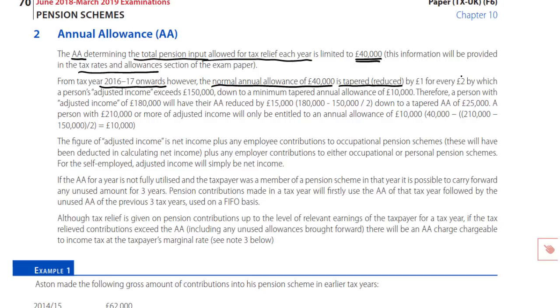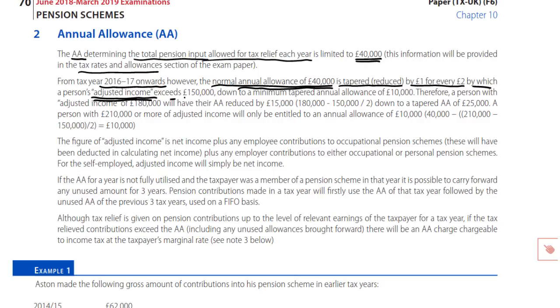So what happens here is that now this annual allowance of 40,000 is going to be reduced by, again, £1 for every £2 by which a person's, and here's your problem, it's another term, this one just called adjusted income. Now clearly you're going to have to learn the definition of that adjusted income.